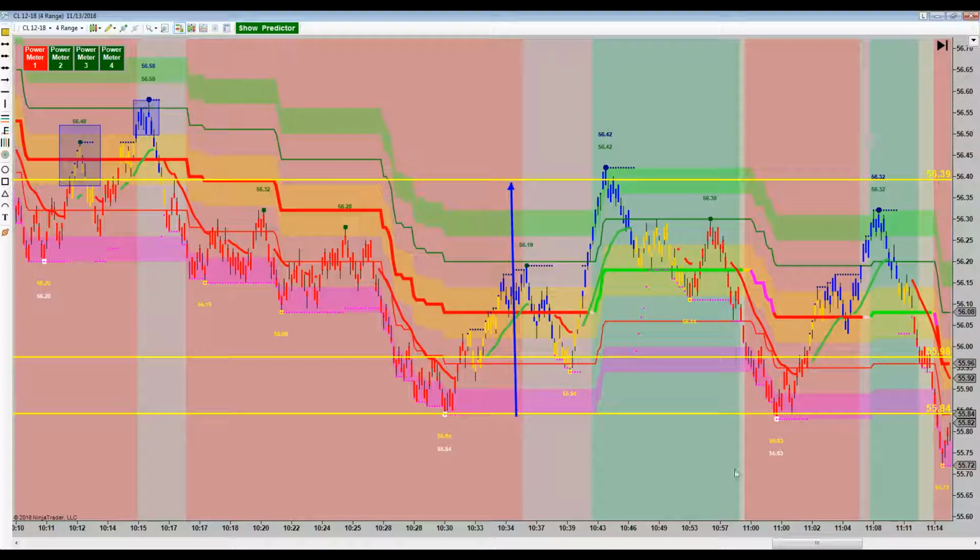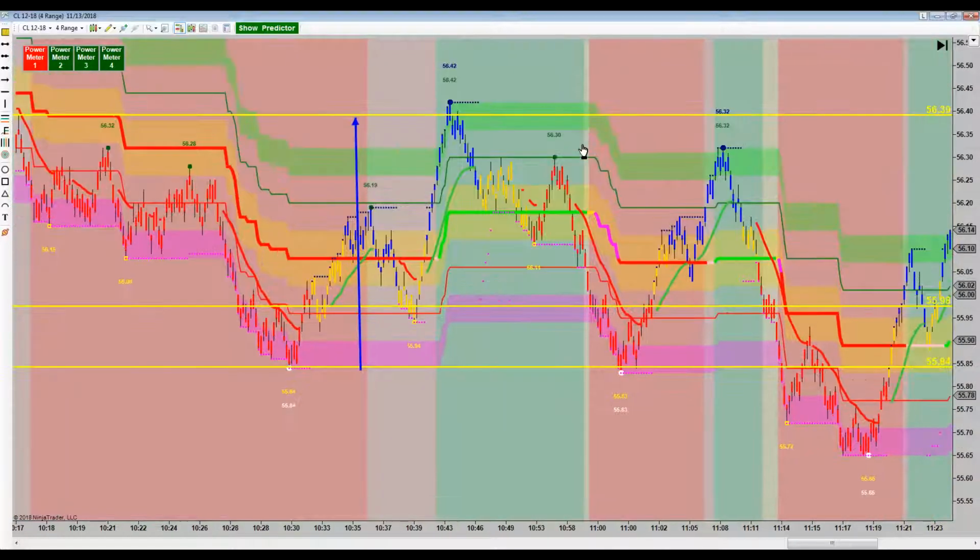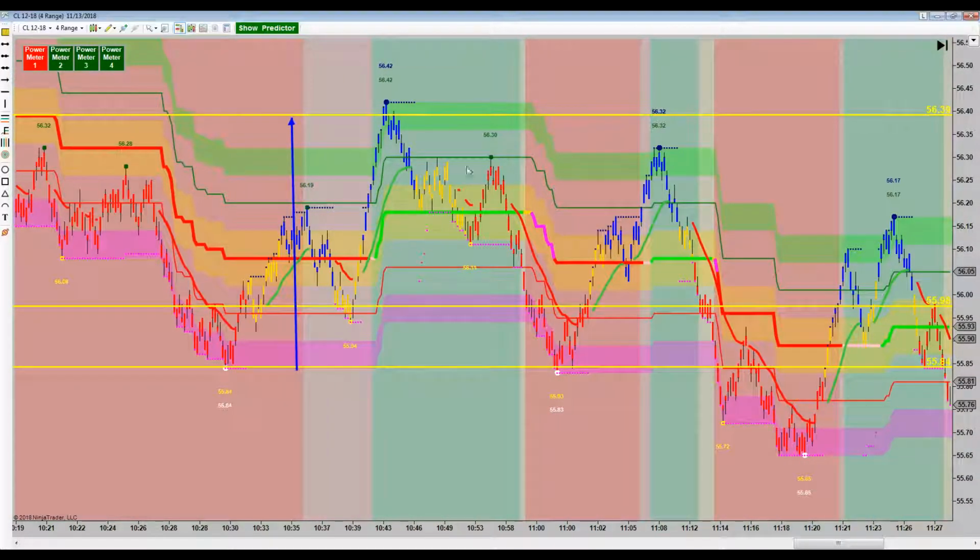But the lines are what help you see the range. If you didn't have the lines, you could still spot the range. I mean, you could visually see it, but it makes it a lot more clear to have the lines. However, as it goes working its way through this range, what jumps off the chart to you as you're looking at some of the breadcrumbs that the market leaves behind for you to observe?